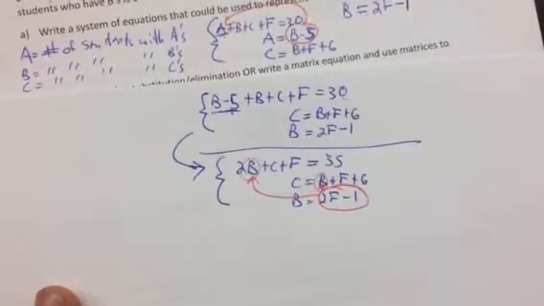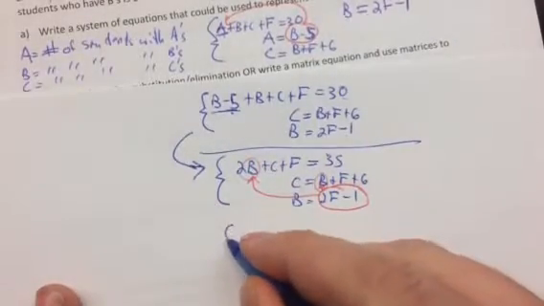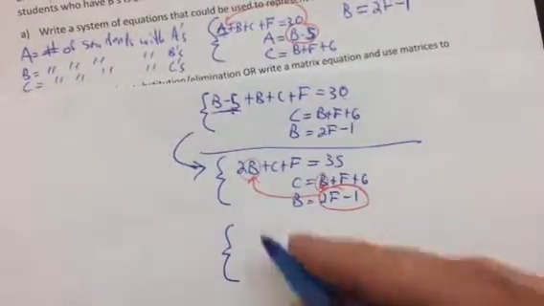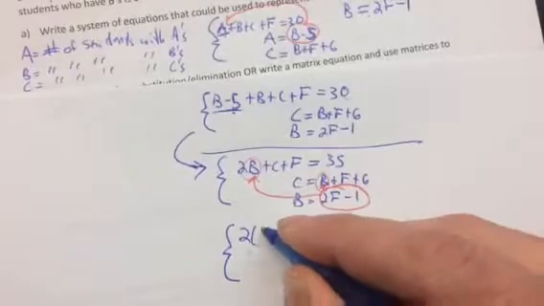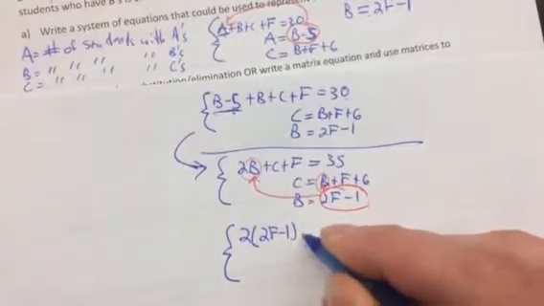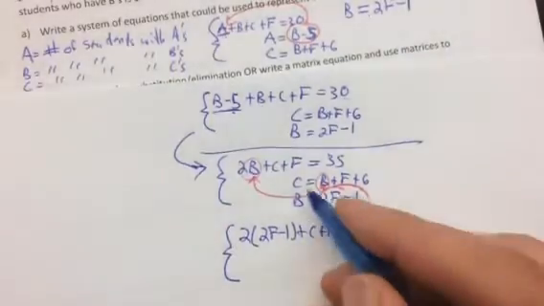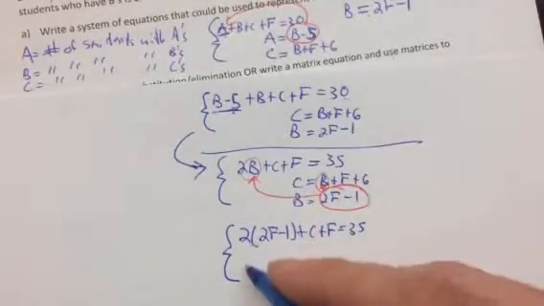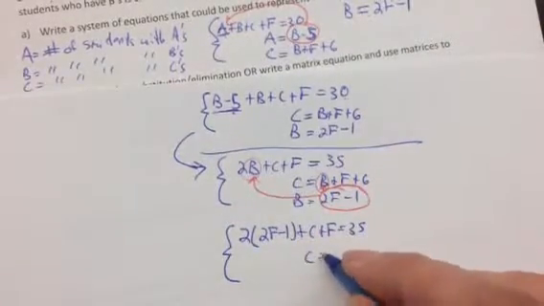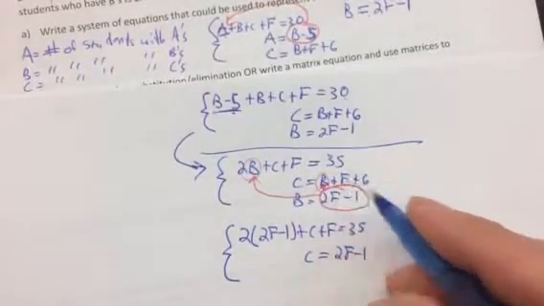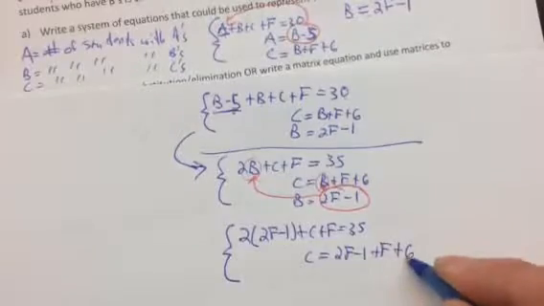And we're going to rewrite our system of equations. And now we'll only have 2 equations, but with only F's and C's. So it's 2 times 2F minus 1 plus C plus F equals 35. And our other equation is C equals 2F minus 1 plus F plus 6.